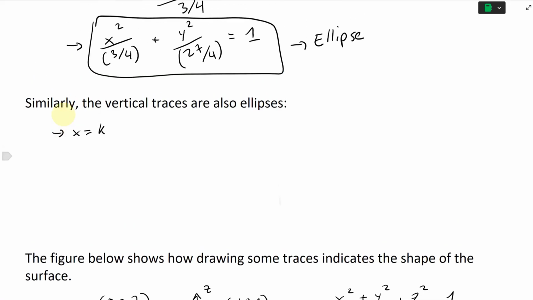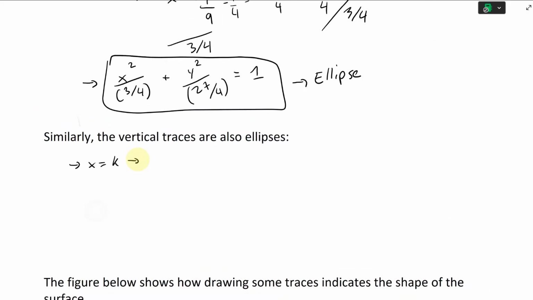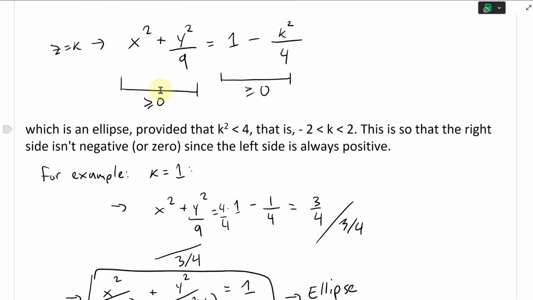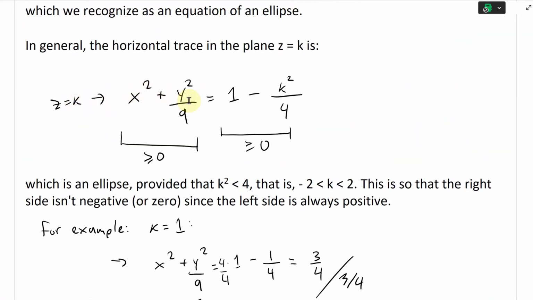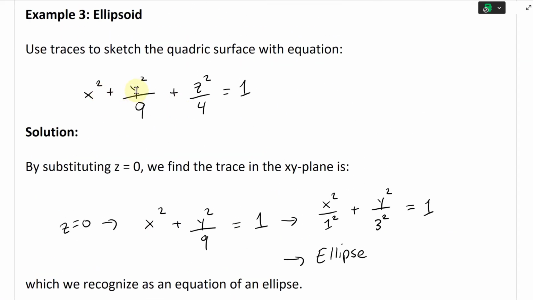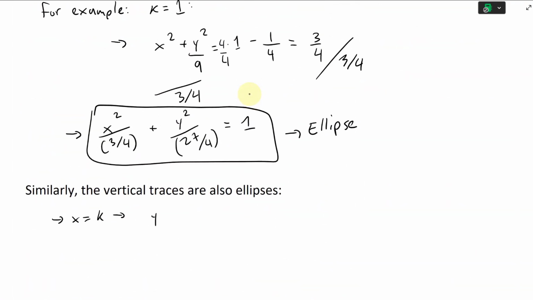When you set x equals k right here, if we scroll up, starting from the original here, we get y squared over 9 plus z squared over 4 equals 1 minus k squared.